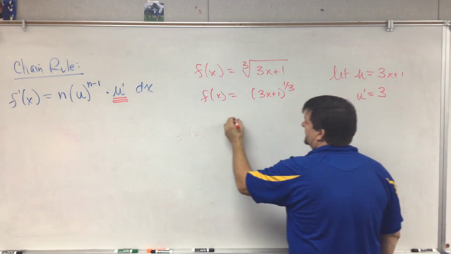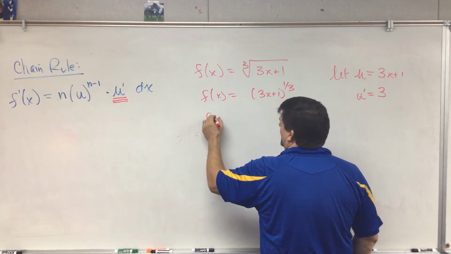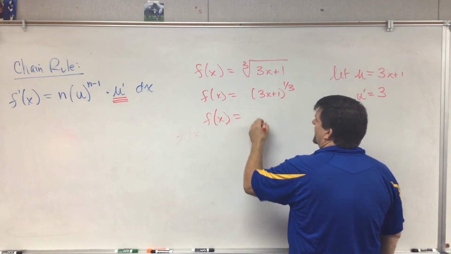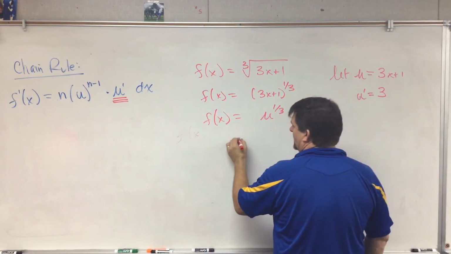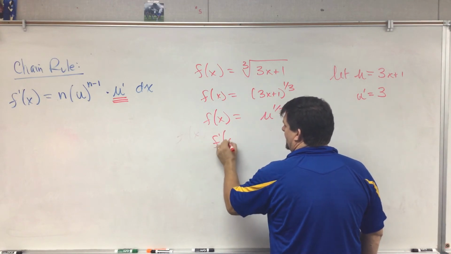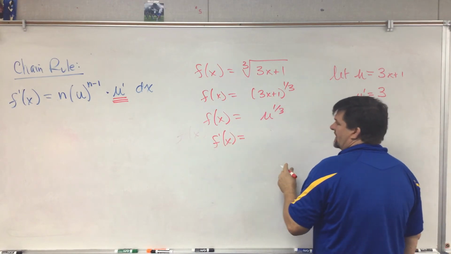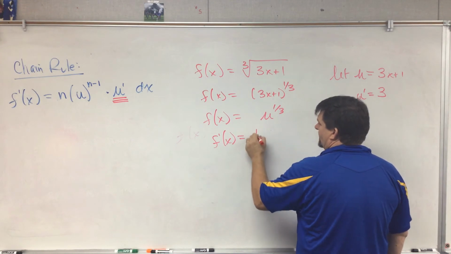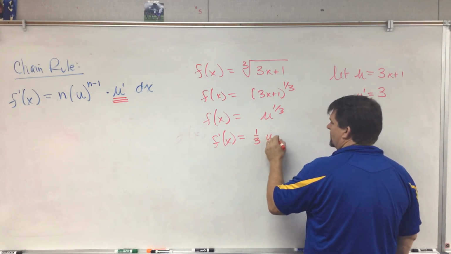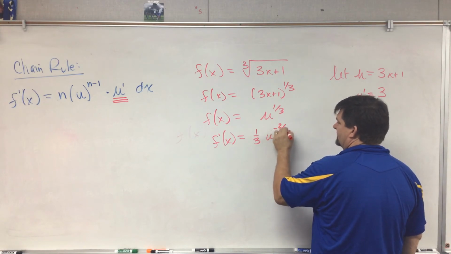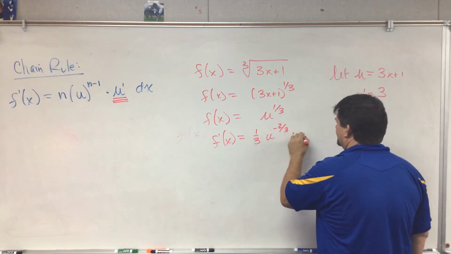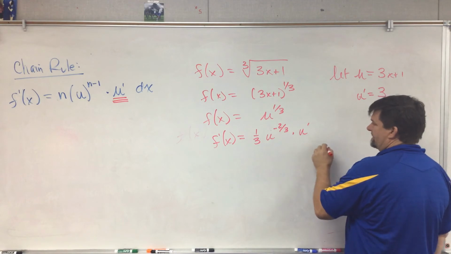Let's take this a little further: u to the 1/3. Then my f prime is going to be 1/3 u, and then I subtract 1 off of that, so I get negative 2/3, times u prime.